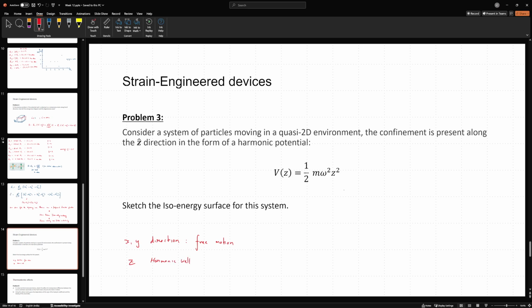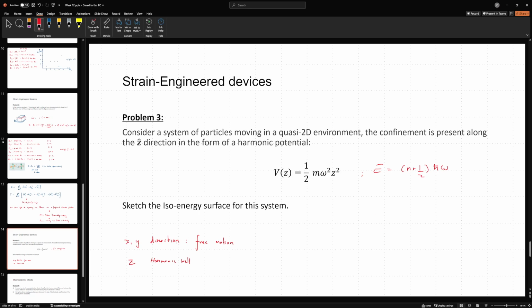So the reason I chose the harmonic well is because of this. This implies the value of E is going to be n plus half into h bar omega. So my energy is perfectly quantized, and in fact it is linearly quantized.